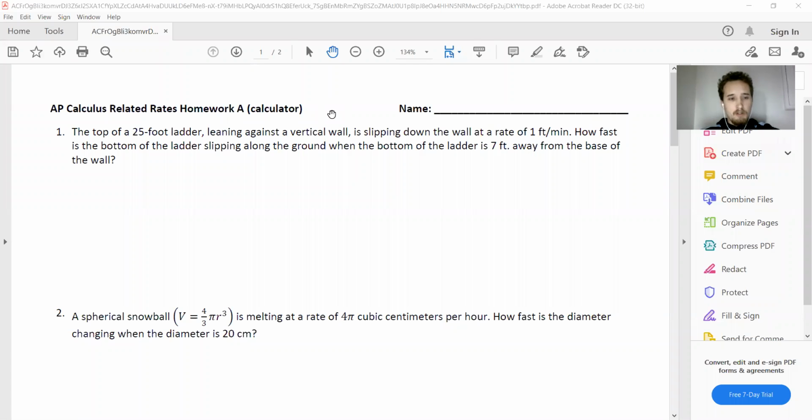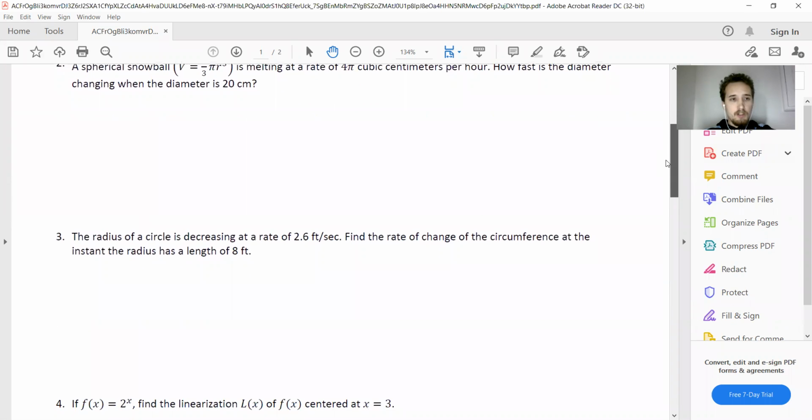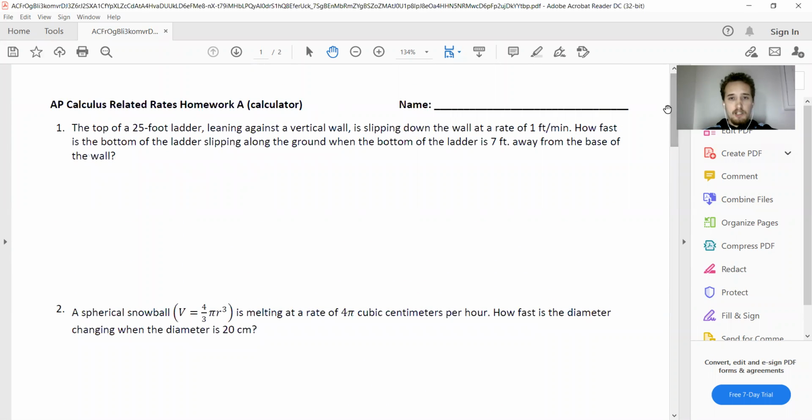Okay, so I'm going to go over these first three problems on this sheet here. So let me get annotated. Okay, perfect. So when it comes to related rates, I generally try and break it down into 4 steps.